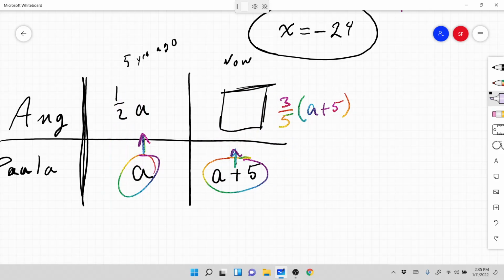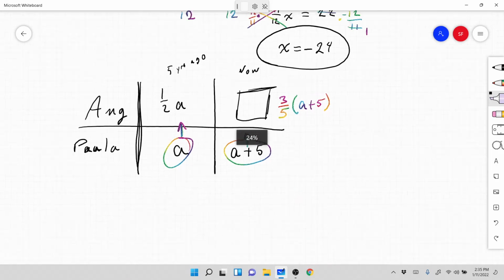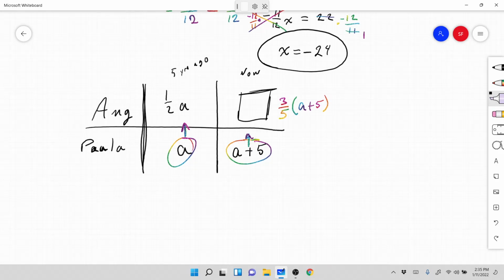We're trying to find Aang's age, so to find a formula for this one, to get from this year to this year, it would be this plus 5, right?